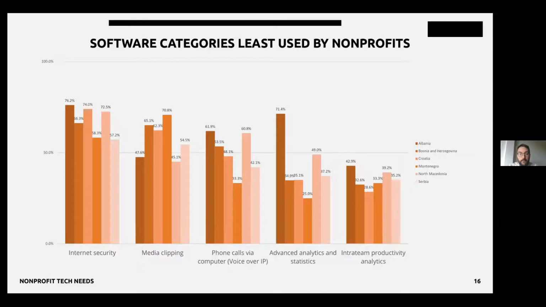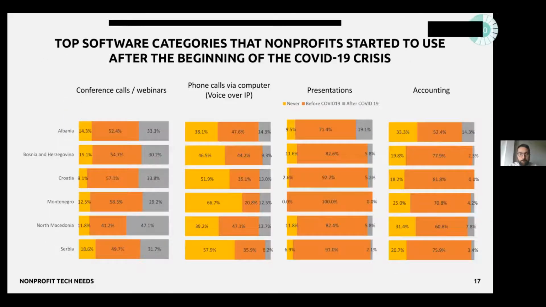But also, what seems important to me, because I'm a data scientist, is advanced analytics and statistics. Few organizations have very good data on what they do, and that is also a big problem and something that is very important to us in Catalyst.